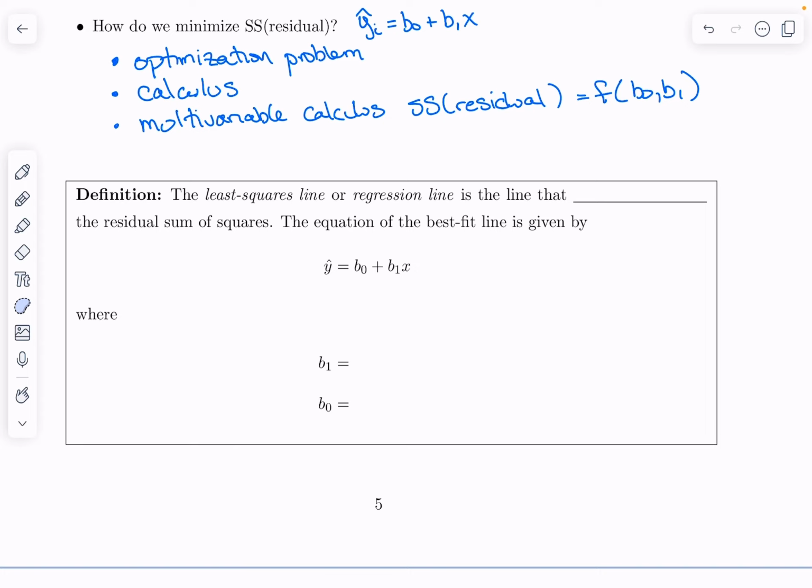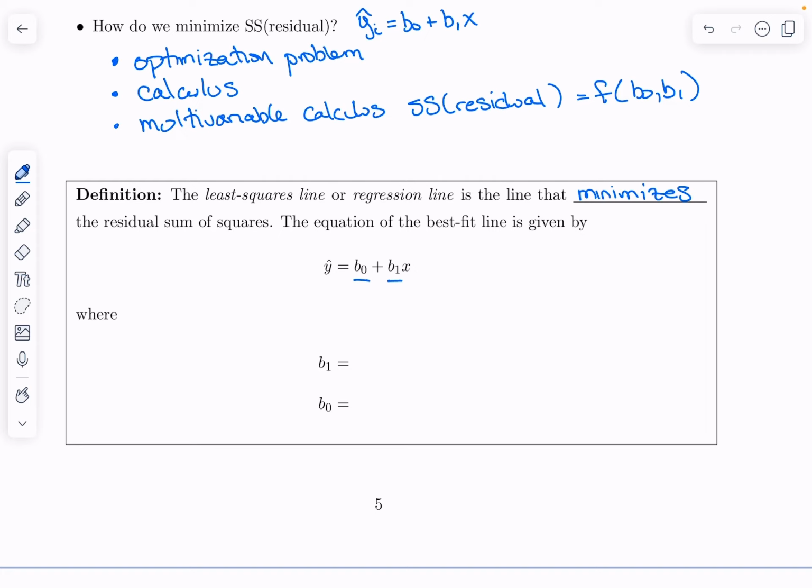So our definition here is the least squares line, or the regression line, is the line that minimizes the residual sum of squares. This is going to be our best fit line. The equation of the best fit line is given by y hat equals our intercept b0 plus our slope b1 times x.